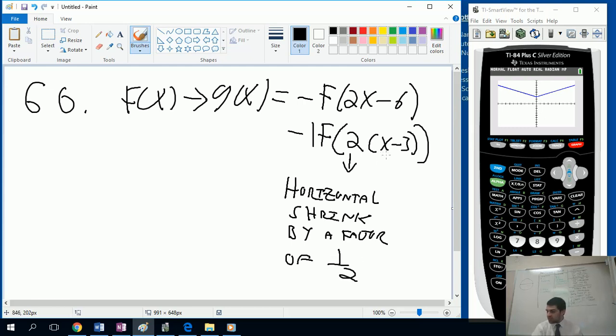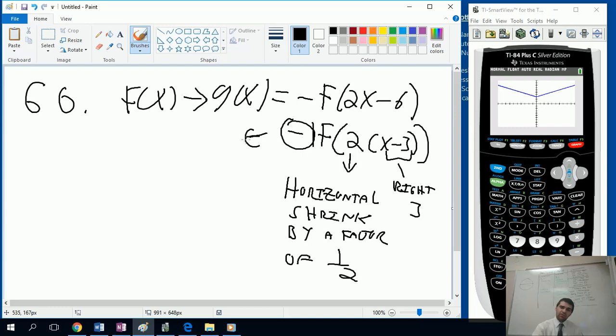We've completely isolated the x. So now that's going to be x minus 3, so that's going to be right 3. Now we have that negative 1. Notice the coefficient is 1, so there's actually no vertical stretch or shrink here, because 1 keeps it the way it is. Now we have this negative sign here. That negative is completely outside the function.